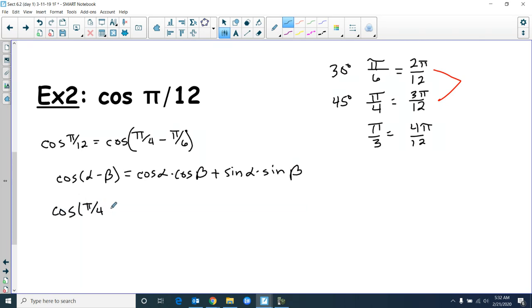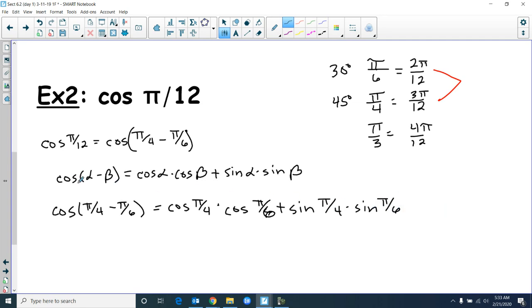So cosine of pi over 4 minus pi over 6 is cosine of pi over 4 times cosine of pi over 6 plus sine of pi over 4 times sine of pi over 6.